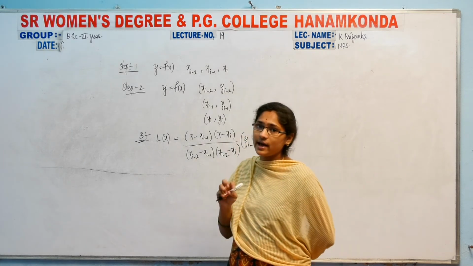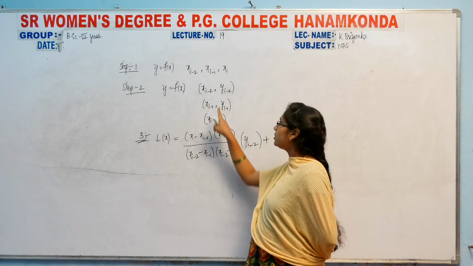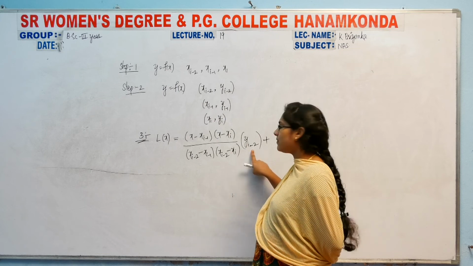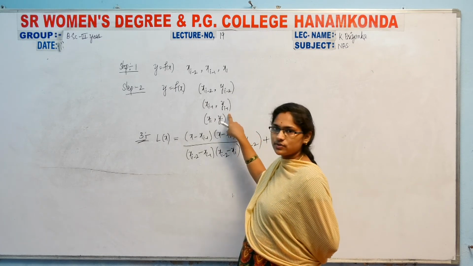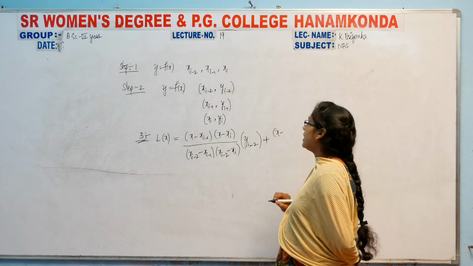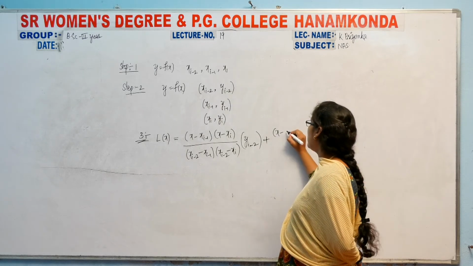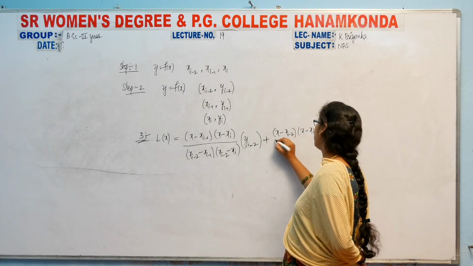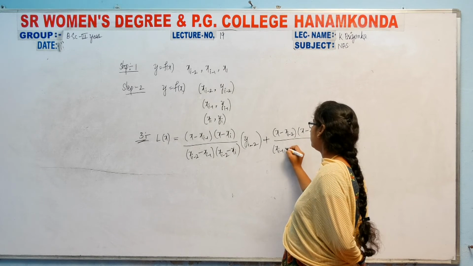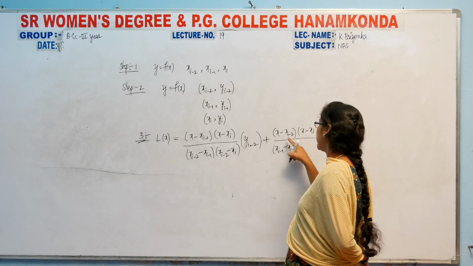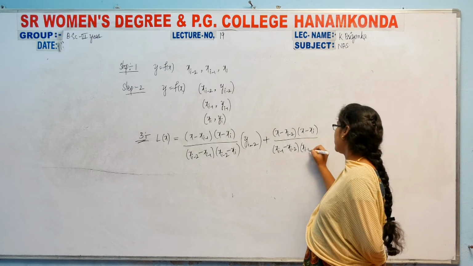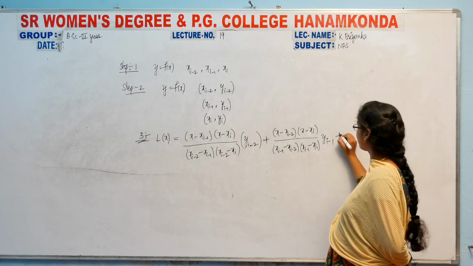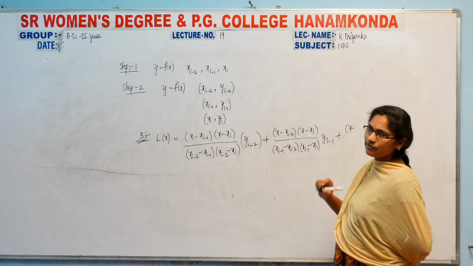Here how many points? We have 3 points. Here we ignore the first point. That's why in the denominator we got xi minus 2. Now we have to ignore this one. Then what we get? Compulsorily x should be in the numerator. x minus xi minus 2 into x minus xi, by xi minus 1 minus xi minus 2, into yi minus 1, plus x minus, the last point we have to ignore.